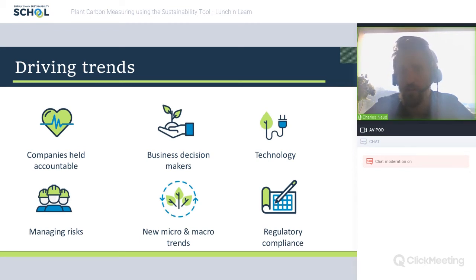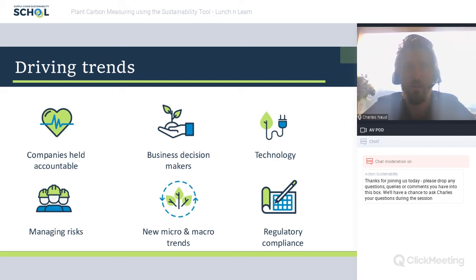There are trends in the market that we're seeing, both micro and macro trends, that are pushing sustainability to be reported and for that data to be publicly available.